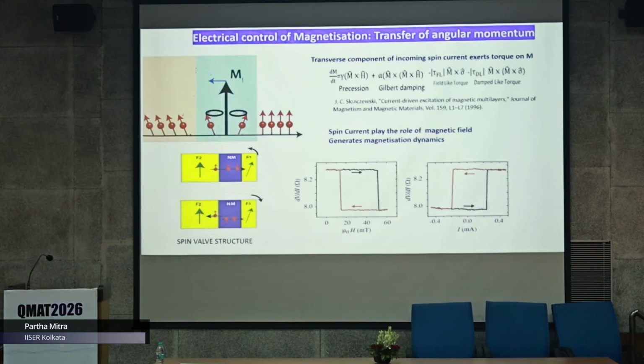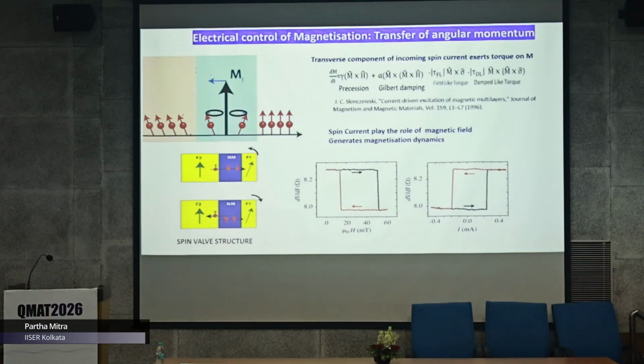This was theoretically worked out not long back, in 1996, by Slonczewski. In addition to these two terms that Shushmita, our previous speaker, talked about, you have two additional terms that arise only from the spin current, and they have the following form.